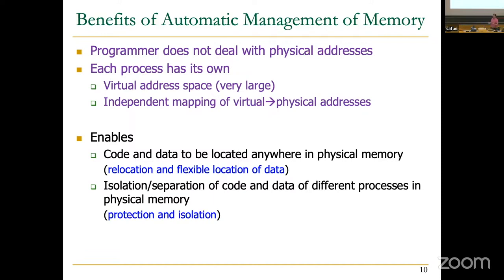Otherwise, if you don't have some sort of translation or indirection, it's very difficult to enable, because I write a program and I want it to be executed and I assume some physical addresses. Somebody else writes a program, they assume some physical addresses. What if those physical addresses overlap? How are these two things going to execute if there was no translation mechanism, right? It's not going to happen clearly, because I do a write to a physical address A, somebody else does a write to a physical address A. Clearly, these are different programs.